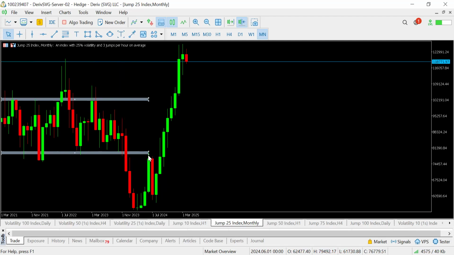But lo and behold, what happened? The market came back to the initial support of the range, which now became a resistance.